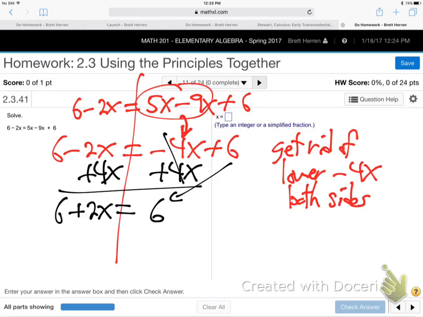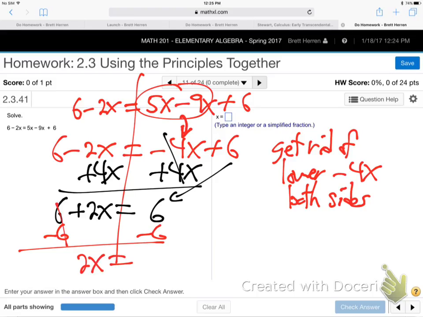Good to there. Now, we've got x in just one location. Now you know what to do from here, right? Let me let you finish it. Go ahead and finish it if you have not. All right, so subtract the 6.